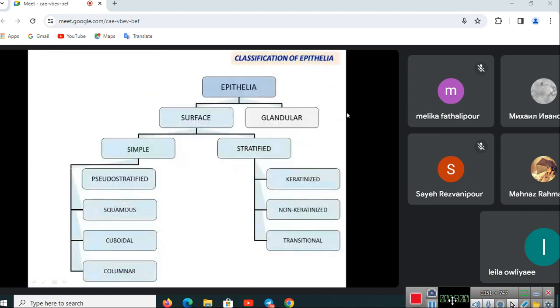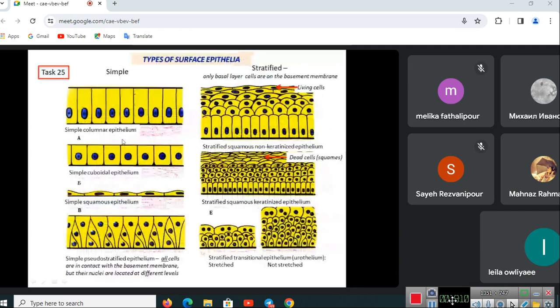And now we start to discuss all the types of epithelia one by one, and we will start with surface simple epithelia. So types of surface epithelia include simple epithelia, which are in left part, and stratified epithelia. In simple epithelia, all cells lie upon basement membrane. All cells, here you can see in each picture, all cells have attachment to basement membrane.